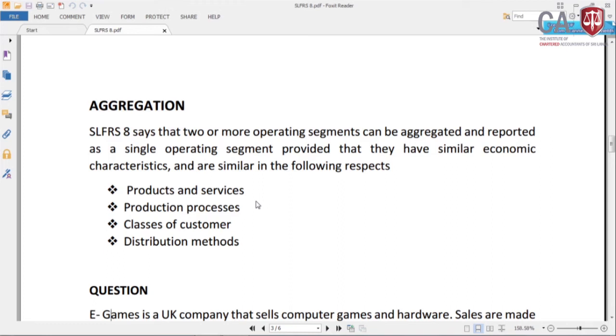Isn't that an important piece of information to the readers, because your margins, your cost and your revenue can be different depending on the distribution method. Then the stakeholders of the financial statements can take various decisions depending on this segmented information, how the profit has been varying depending on the distribution method. That is one particular way.